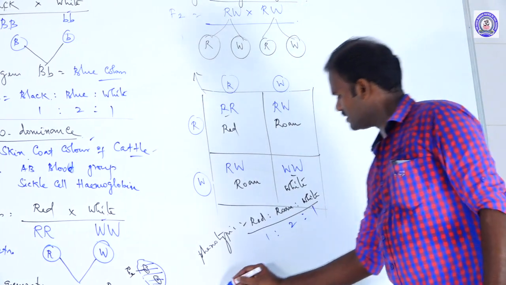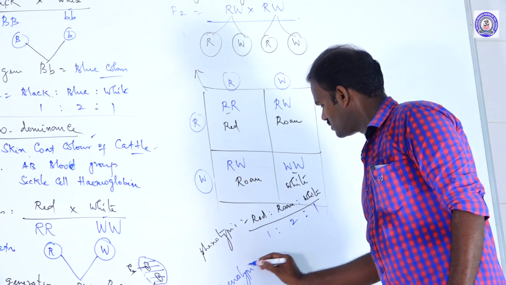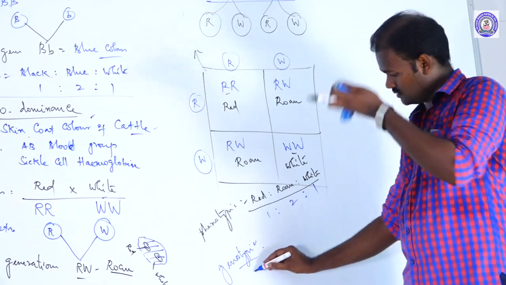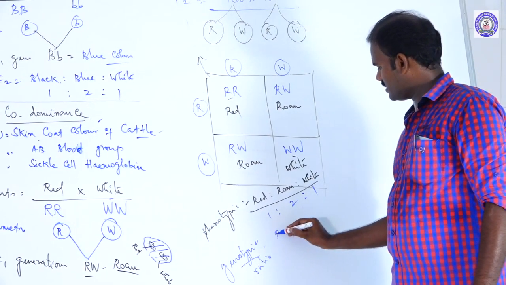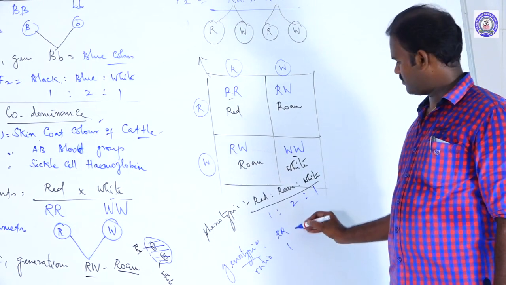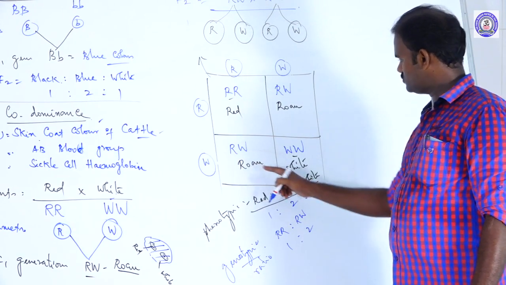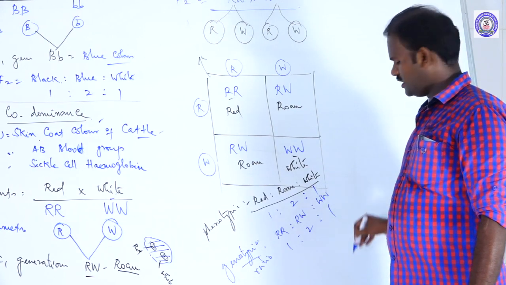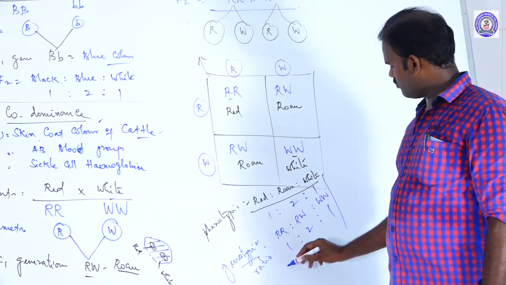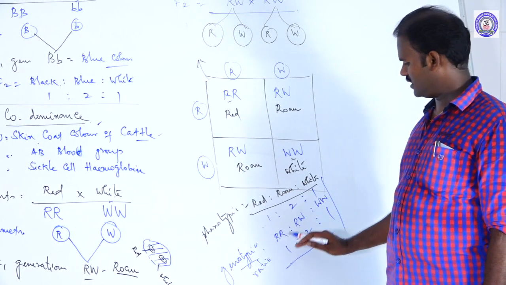Then what is the genotypic ratio? How many capital R? Only one capital R. Capital R, capital W: 2. Then capital W: only one. So here both phenotype and genotype have the same ratio, 1 is to 2 is to 1.